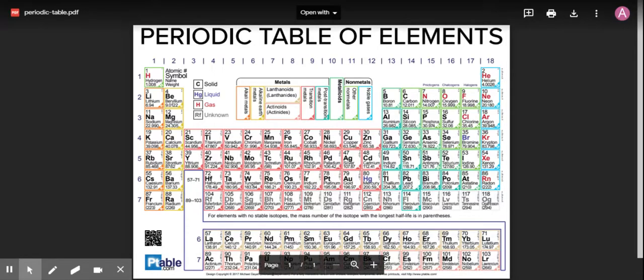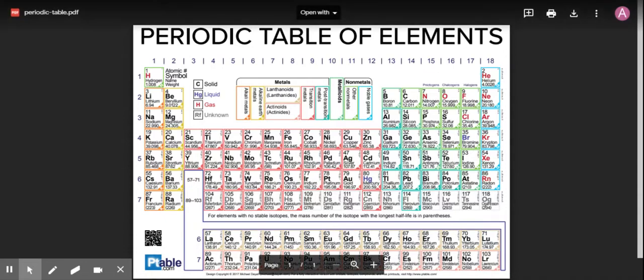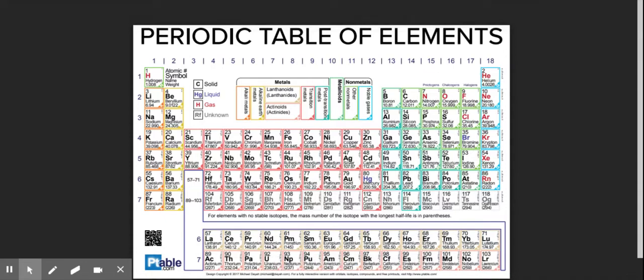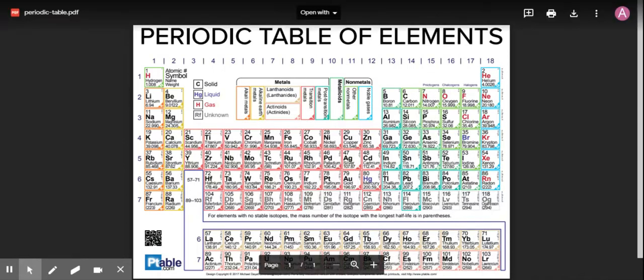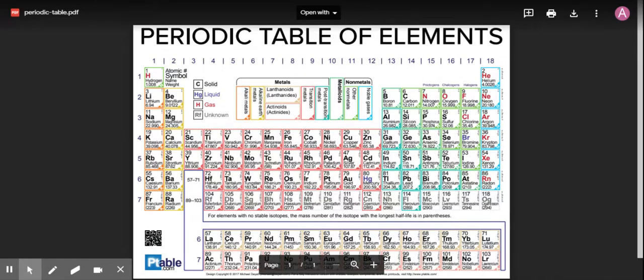3, lithium. 4, beryllium. Whoop, whoop, whoop. We skip over to 5, boron. 6, carbon. 7, nitrogen, oxygen, fluorine, neon, sodium, magnesium. Whoop, we're going to skip again. 13, aluminum, silicon. Okay, so we're going to go up to argon. Now you notice something different happens over here, period 4.